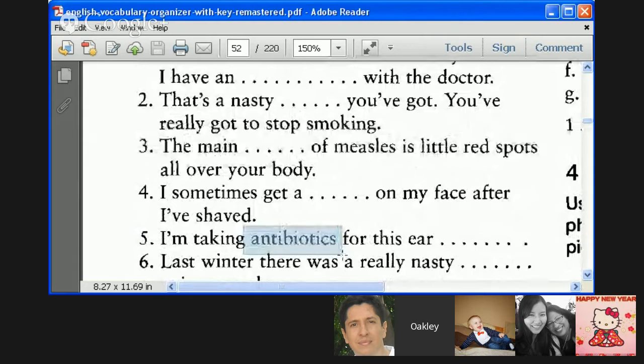Antibiotics, of course, very common ailment for infections. And common medicine for infections. Gemma, have you ever had to take antibiotics before? I don't think so. Really? Yeah.